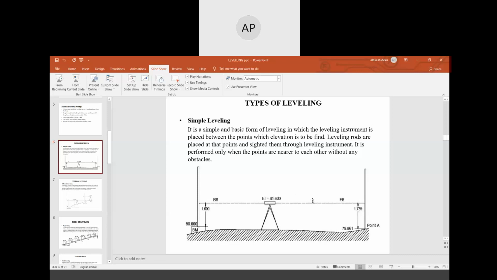Leveling rods are placed at those points and sighted through the leveling instrument. It is performed only when the points are near to each other without any obstacles. So this type of leveling is done for a short length, and if there are no obstacles in between them, then you use simple leveling.